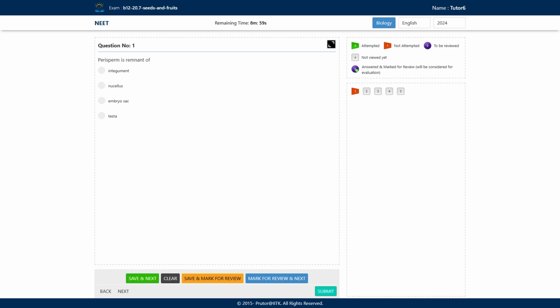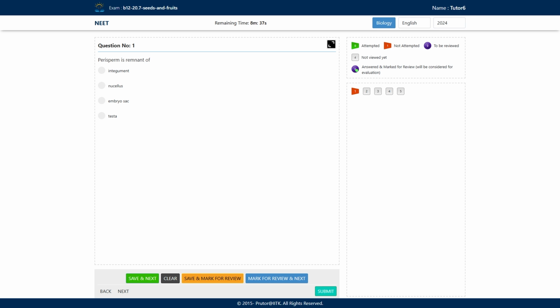Perisperm is a remnant of, options are as follows: A, integument; B, nucellus; C, embryo sac; and D, testa. So what is the perisperm? It is the remnant of which particular type of structure of the ovule?